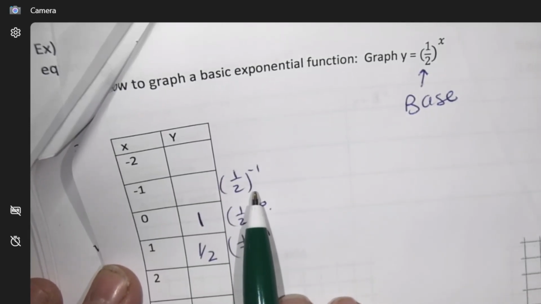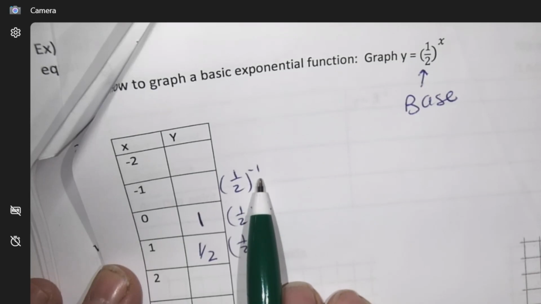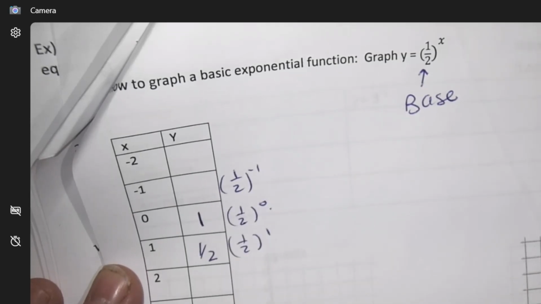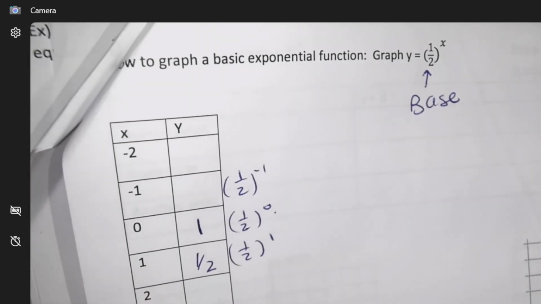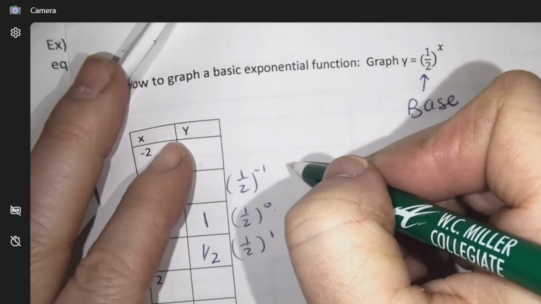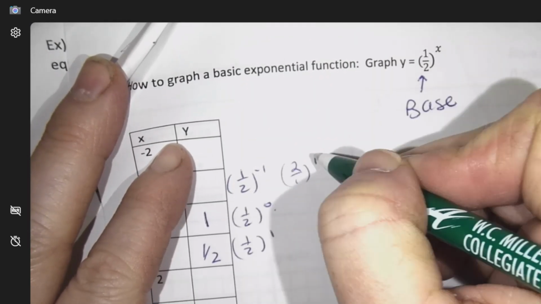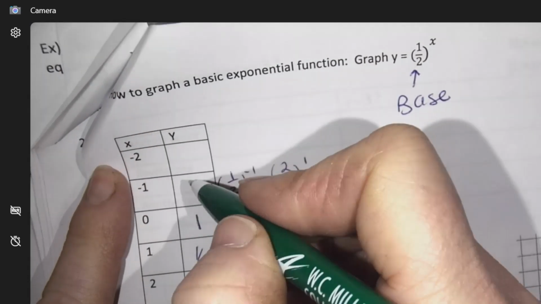Does anybody know what would happen here if I did this to a negative exponent? What would it be? You would have to do what? Move it. Move the fraction, right? So 2.